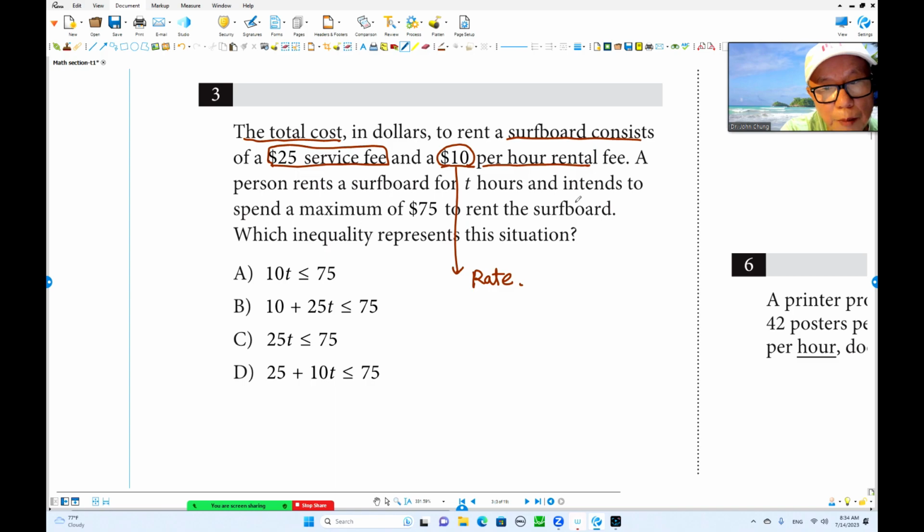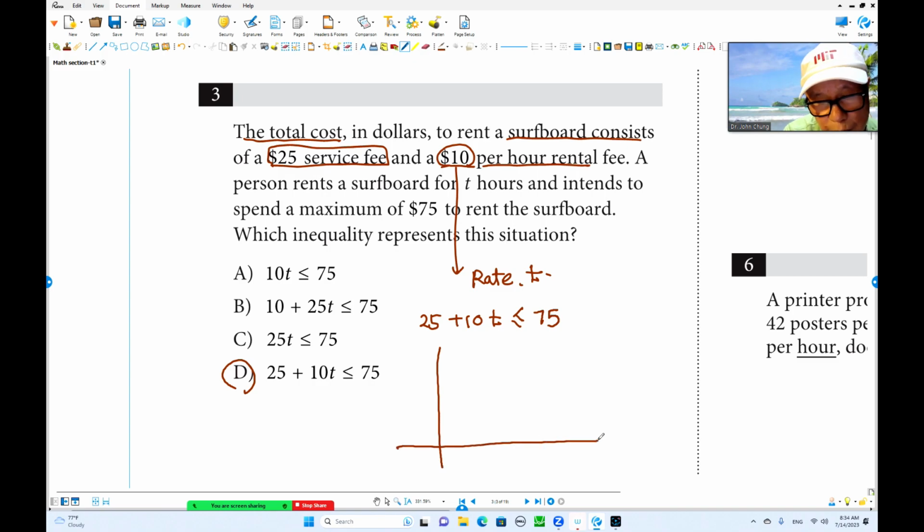It depends on the number of hours t. Always the rate comes with variable t. What is the total amount? $25 plus 10 times t, but the maximum will be 75. It can't be more than 75, right? That is less than or equal to. That's the answer.